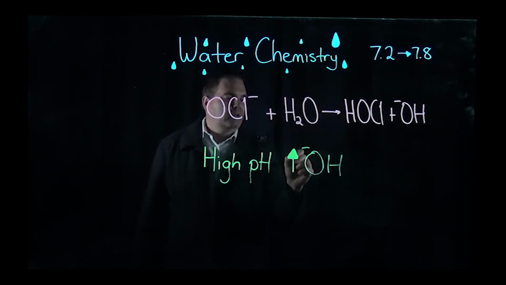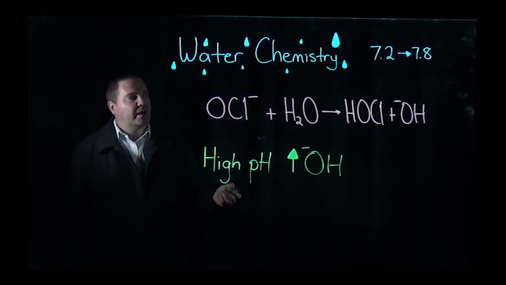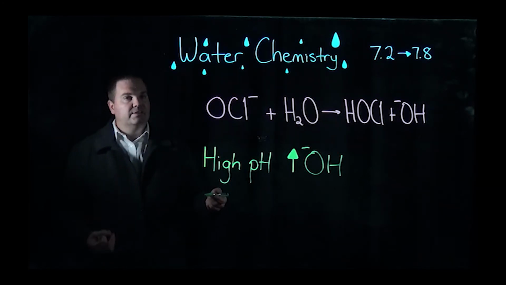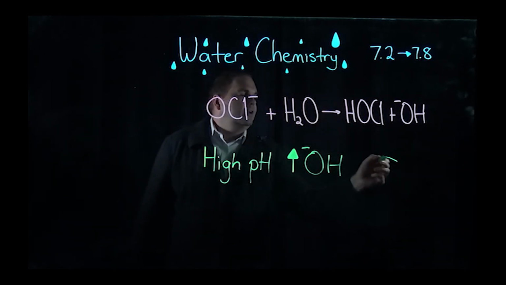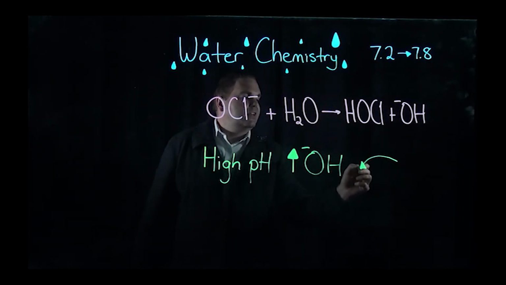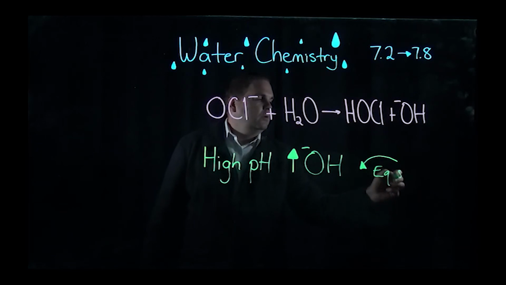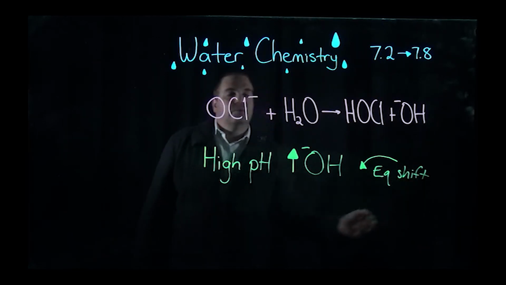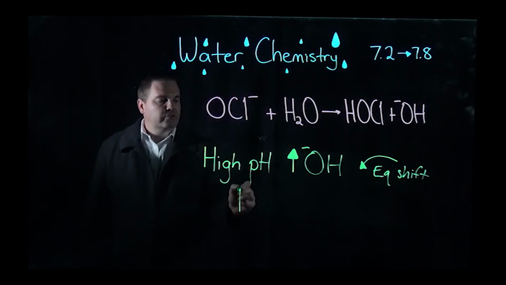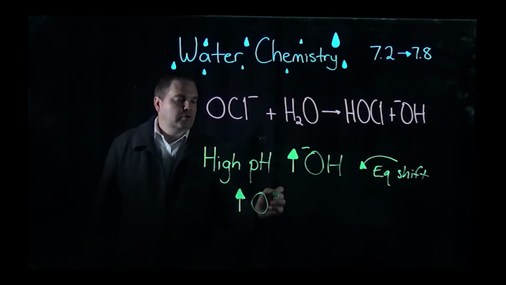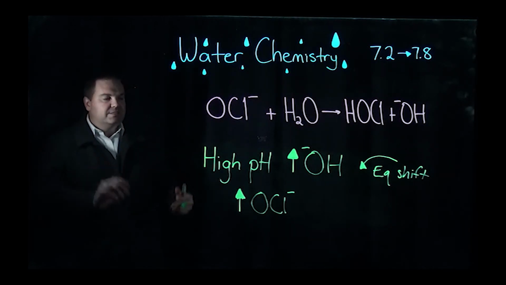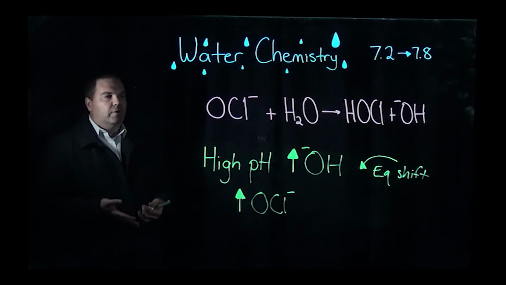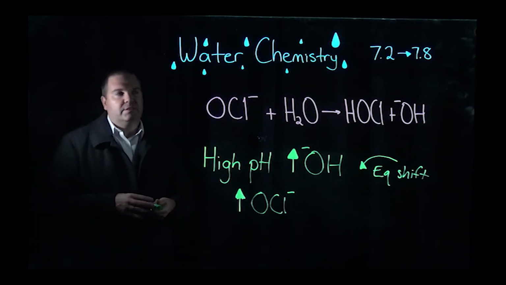An increased concentration of hydroxide ions at a high pH is going to cause the equilibrium to shift to the left, in order to decrease that concentration. What that's going to do is increase the concentration of our hypochlorite ions. So obviously we get more hypochlorite ions, which is our ability to kill bacteria.